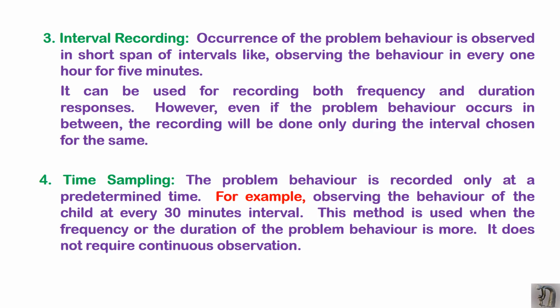In interval recording, you observe every 5 minutes within 1 hour, but here the time is fixed, every 1 hour, every 30 minutes, every 20 minutes. Time sampling is applicable only when the behavior is very severe, problematic or not controllable.